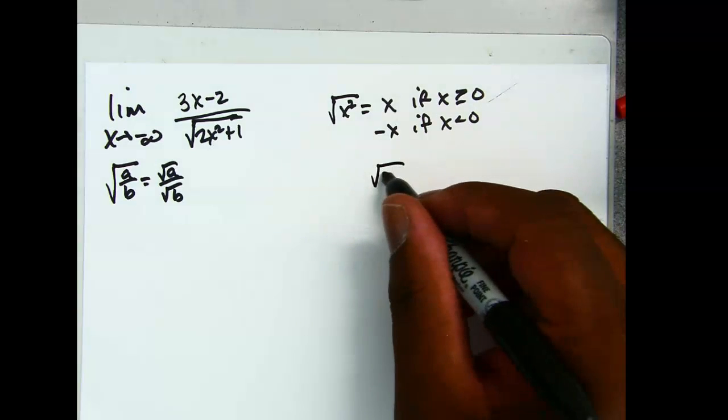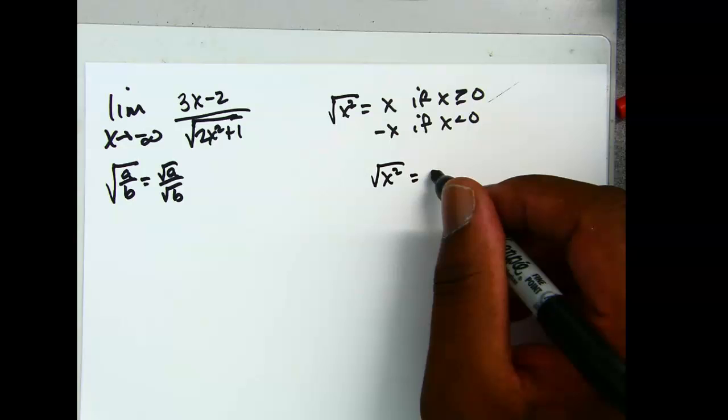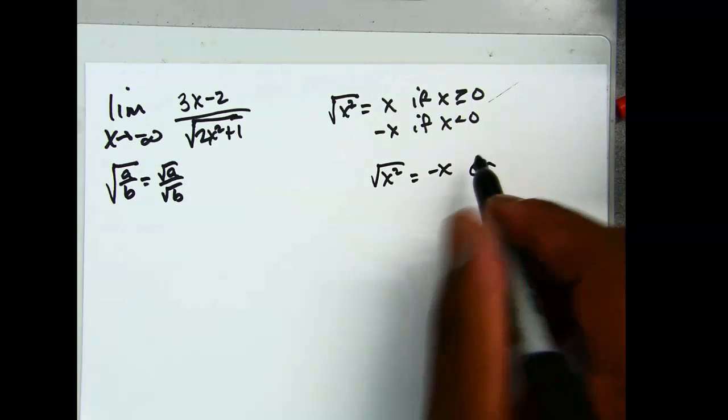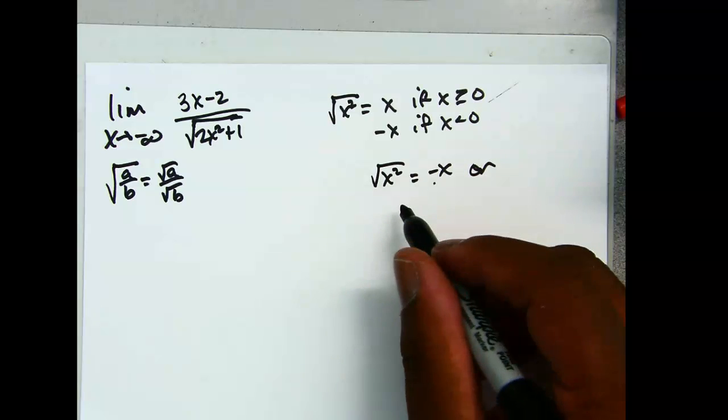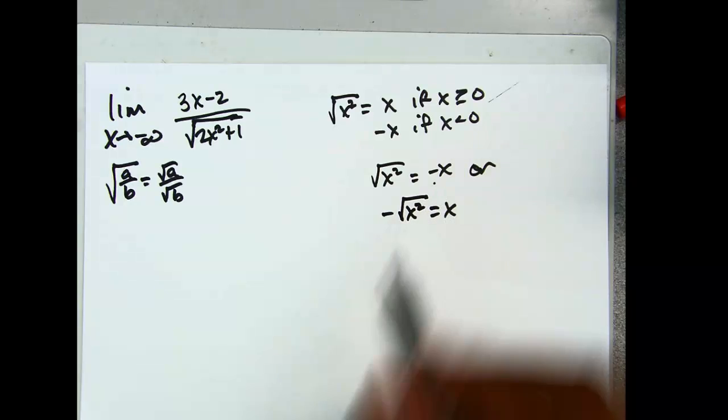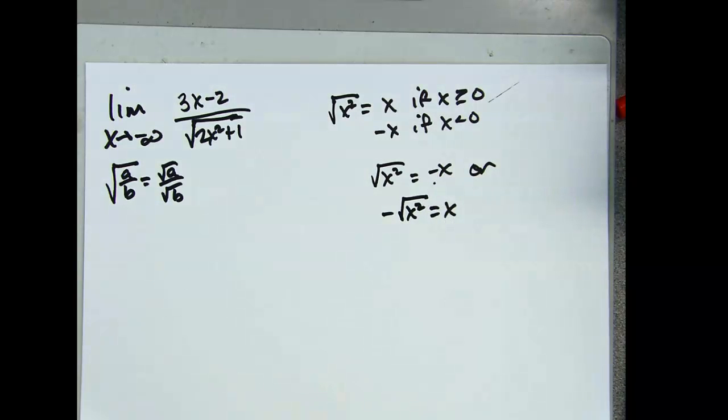So what that means is that the square root of x squared is equal to the opposite of x, negative x. Or, if I wanted to put the negative on the other side, the negative of the square root of x squared is equal to x. Okay, so that's what we're going to use there.